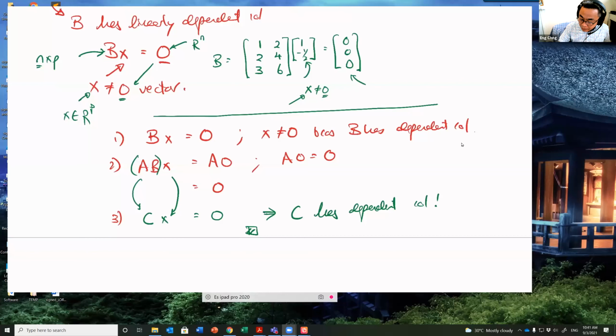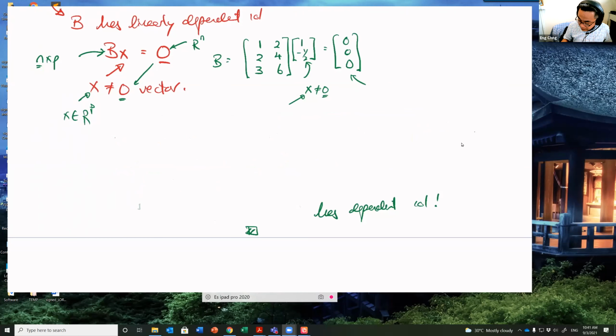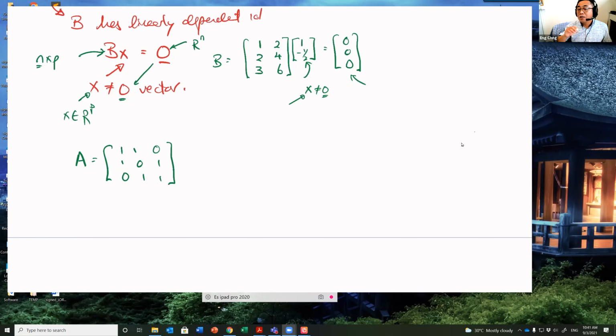Right, now I'll give you a concrete version of this. I will erase the abstract version now, and we will still use this B and have a concrete A. Let's have a concrete A equal to 1, 1, 0; 1, 0, 1; 0, 1, 1. So it is obvious that the columns of A are independent.